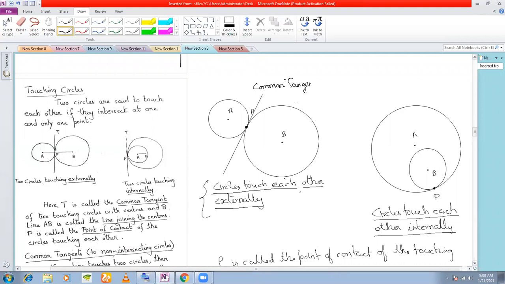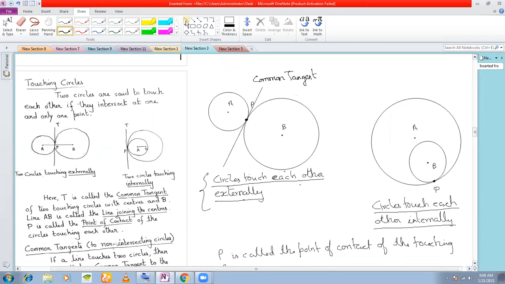So for circles touching each other externally, I've shown you a common tangent. And for circles that touch each other internally, you can have this kind of a tangent, although my tangent is not too precise.